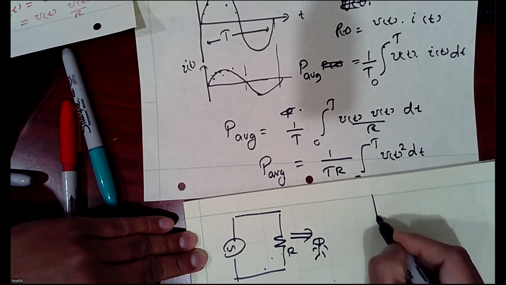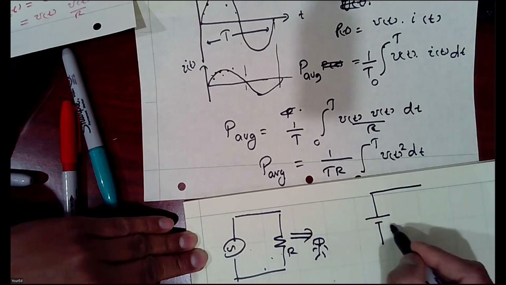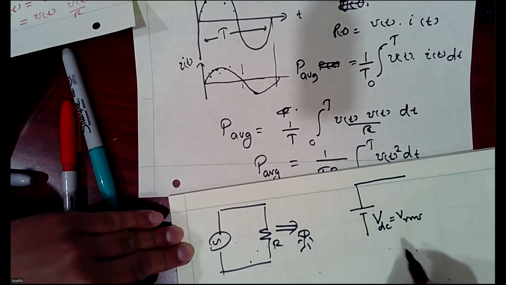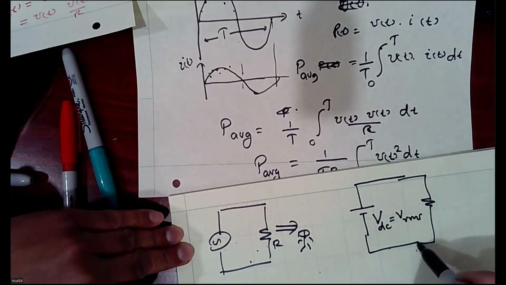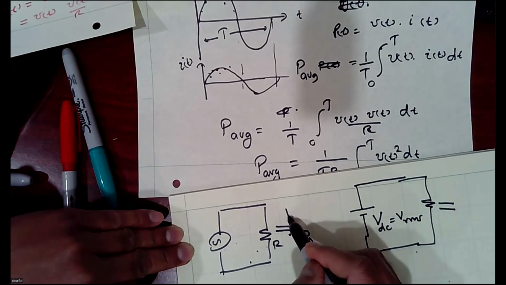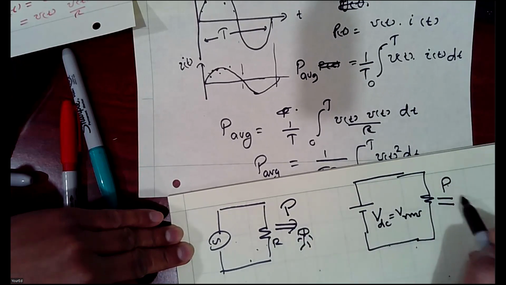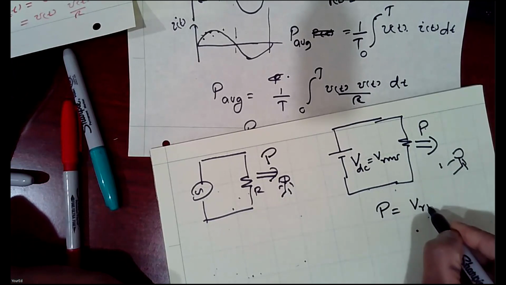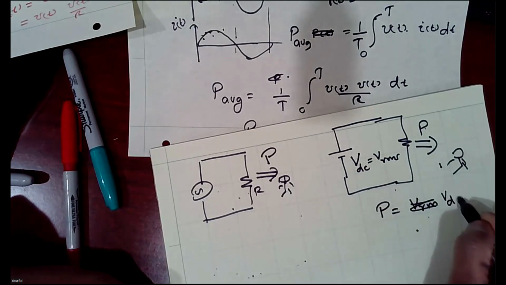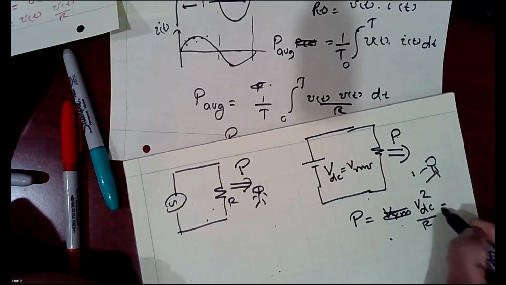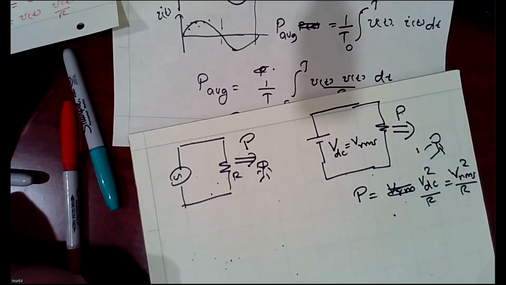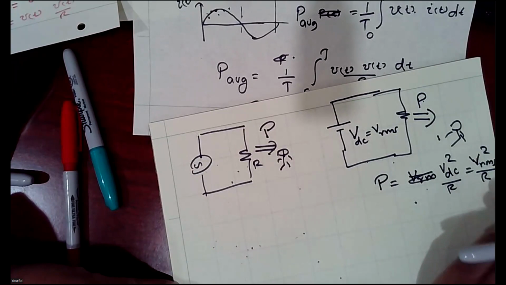So you can think of a DC source, I will mark that value as RMS, that gives the equivalent amount of heat that you got from this. How much equivalent heat you got, you should get from this DC circuit as well. Now for a DC circuit, it is easy to calculate the power. That is just this DC value squared divided by the resistance, or the RMS value squared divided by resistance. So this is the heat amount I get.